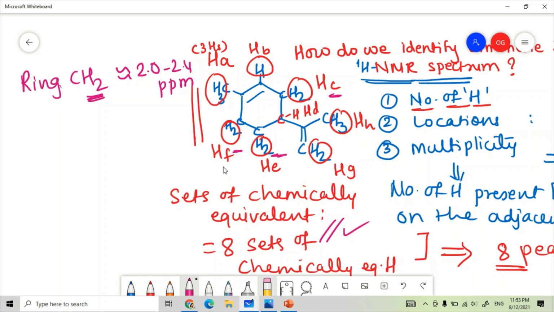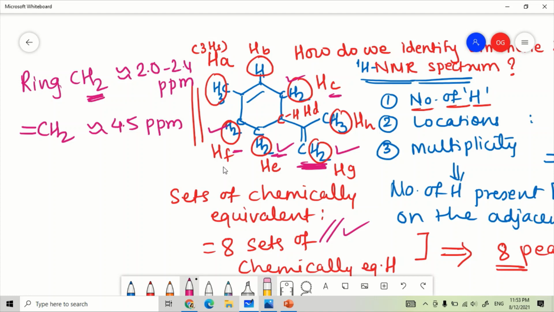Based on neighborhood, all of them are CH2 only. Even this is CH2, but why is this CH2 not appearing in this range? Because this CH2 has a double bond adjacent to it, and because of this, the CH2 will appear around 4.5 ppm on the x-axis. So that is the chemical shift value for this particular proton.